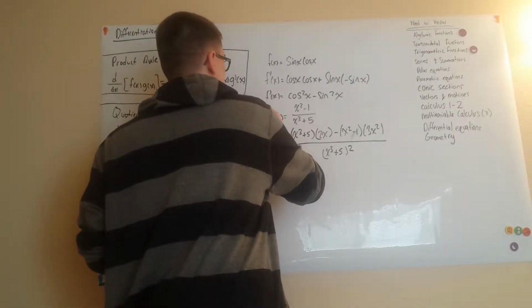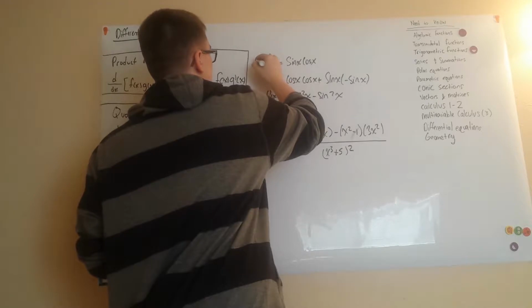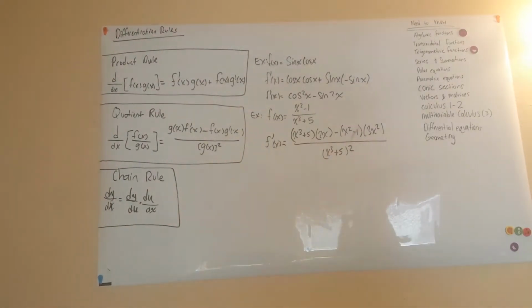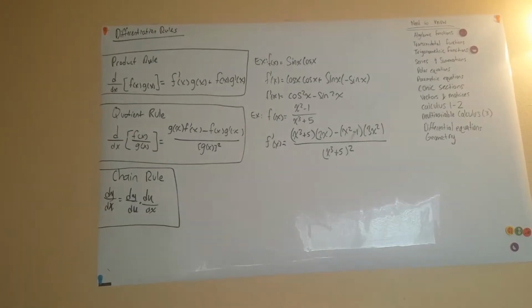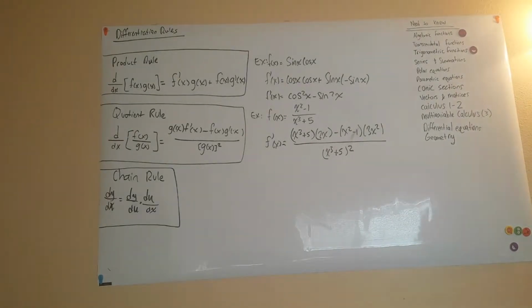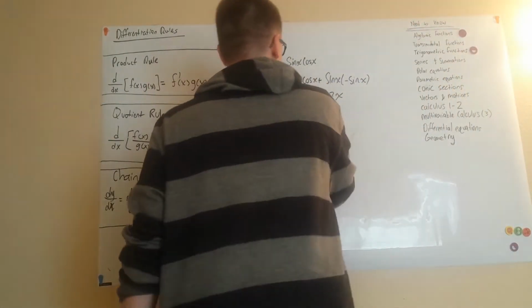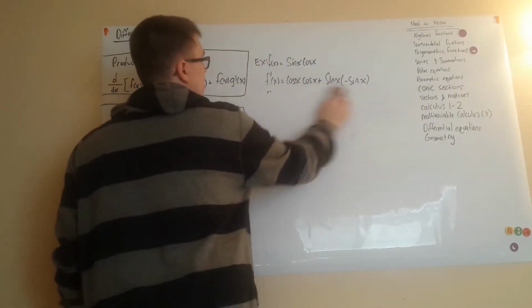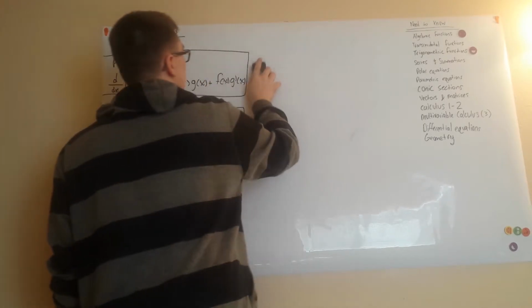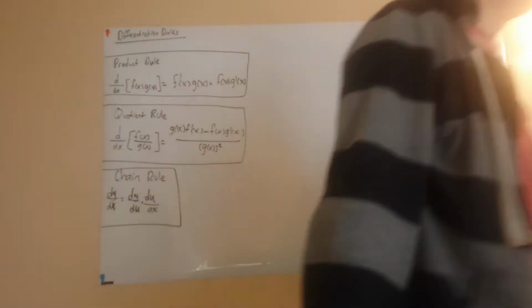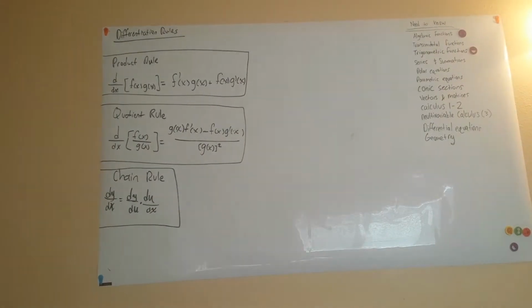So that's example, and that's example. Okay, easy enough. These are very easy rules, you just have to memorize them. They're very obvious.